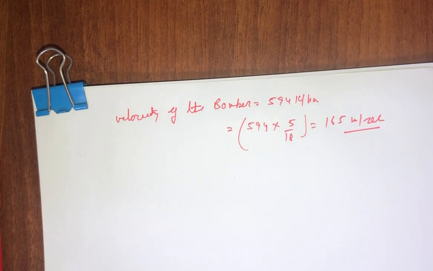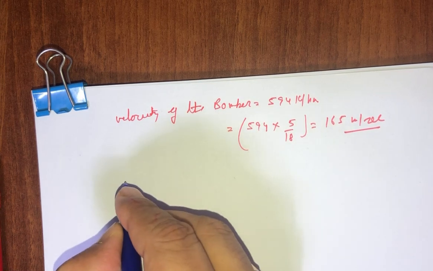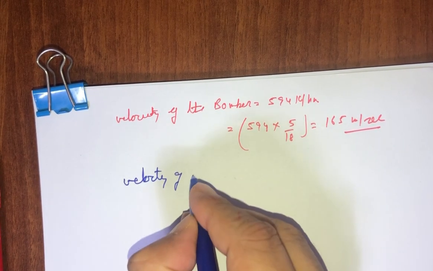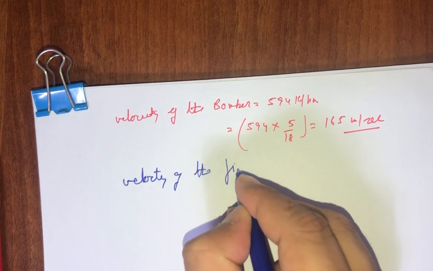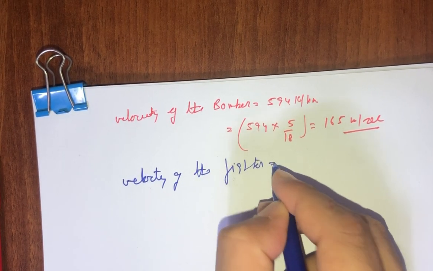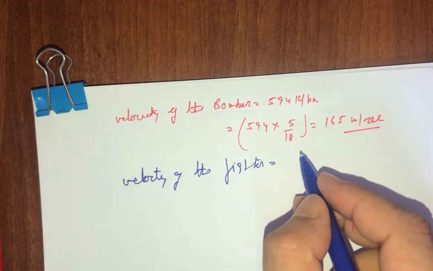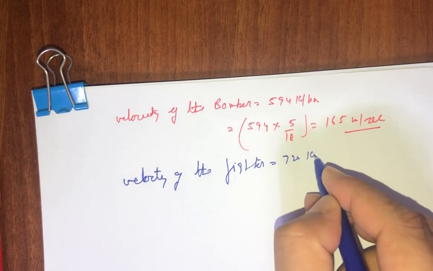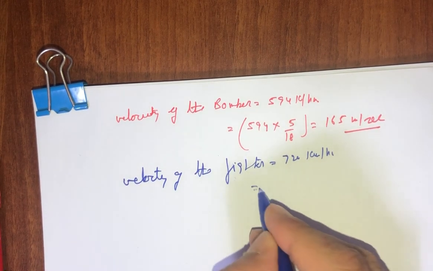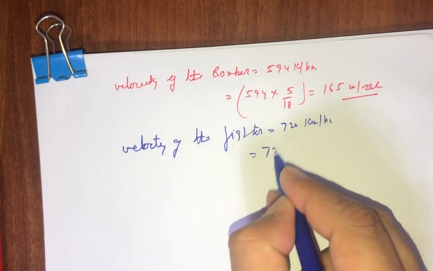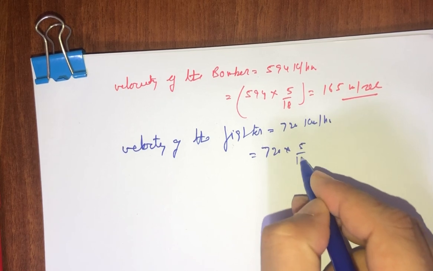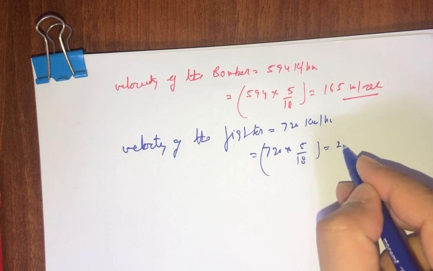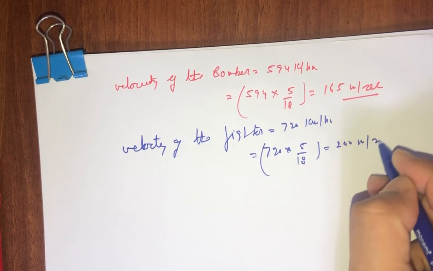Next we can find out the velocity of the fighter. Velocity of the fighter is given as 720 km per hour. So we write 720 into 5/18, and this will be coming as 200 meter per second.